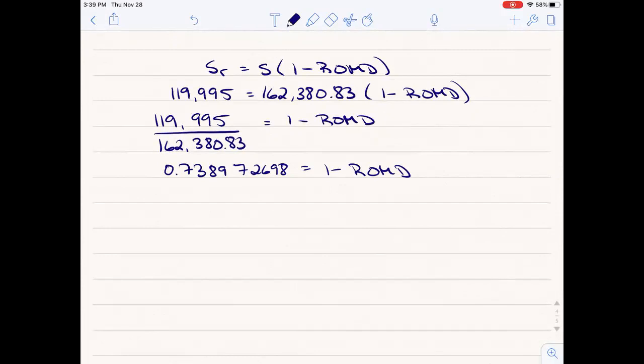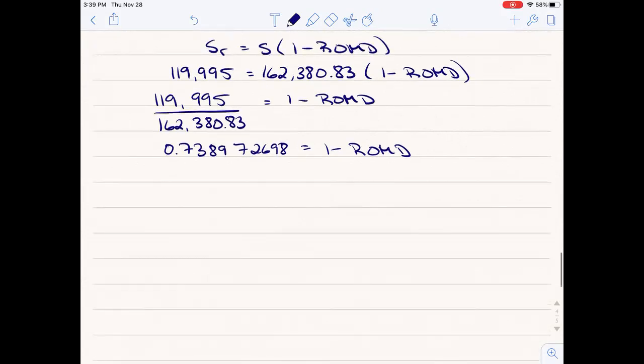To solve for the rate of the markdown, right, usually I just do the switcheroo, but because we've done it, but not too recently, I'm going to add the rate of the markdown to the left-hand side, and then I'm going to subtract the 0.7389 from the right-hand side, just kind of swapping places, right? And so it's going to look like this, 0.738972698 plus the rate of the markdown is 1.